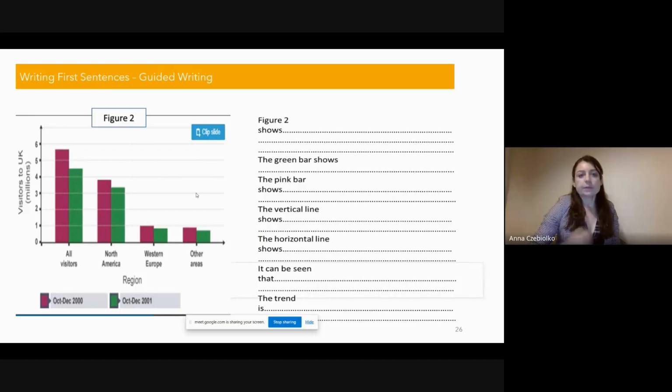Guided writing. So guided writing is a similar idea as in guided reading, where we explain firstly what the sentence may refer to. So for example, we can explain what the graphs present. We call it a figure, so students know that they need to use this term.